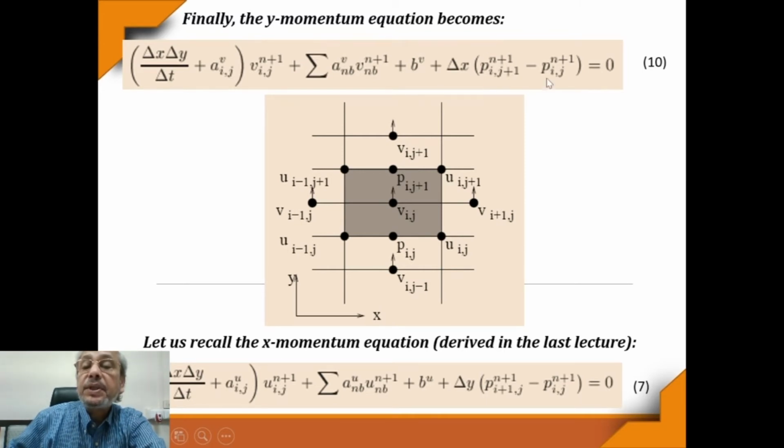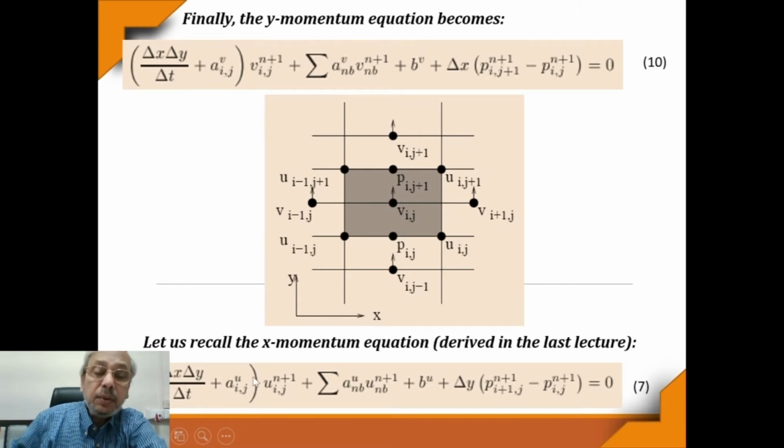And this is the pressure gradient term. This is equation 10, which is found by integrating y momentum equation on V control volume. We found the x momentum equation integrating on u control volume, and let us recapitulate. We found this equation 7 in our last lecture.